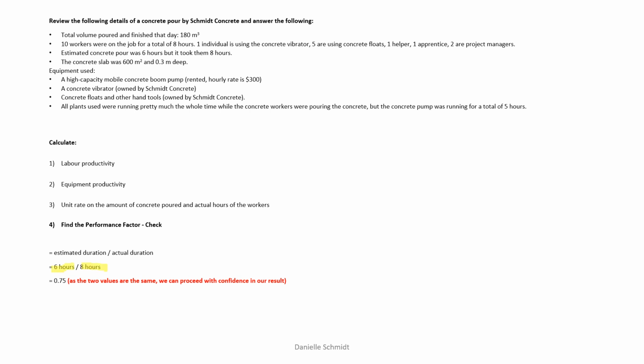How do we know this? This line here. And if the 8 and the 8 were different, I've made it easy for you because they're both 8, but if those two were different values, you would need to make sure you're using the right one, which is the actual duration of the pour, not how long the workers were on the site for. And we have our performance factor of 0.75.